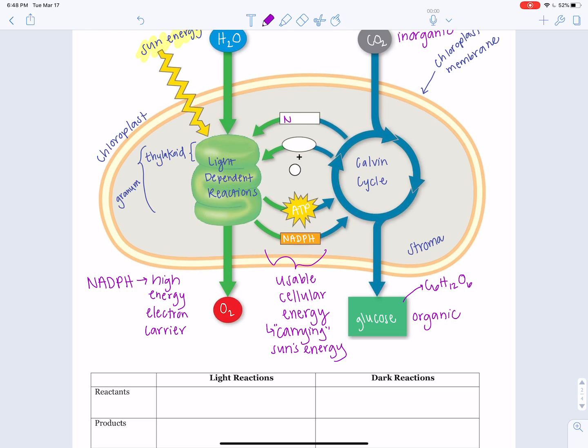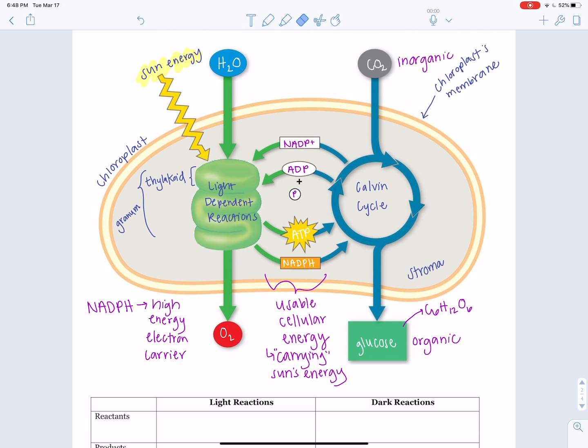So it will send NADP plus and ADP plus phosphate, the less energetic forms, back to the light-dependent reactions so that they can pick up the sun's energy and do the whole thing again. It's this beautiful cycle for photosynthesis.